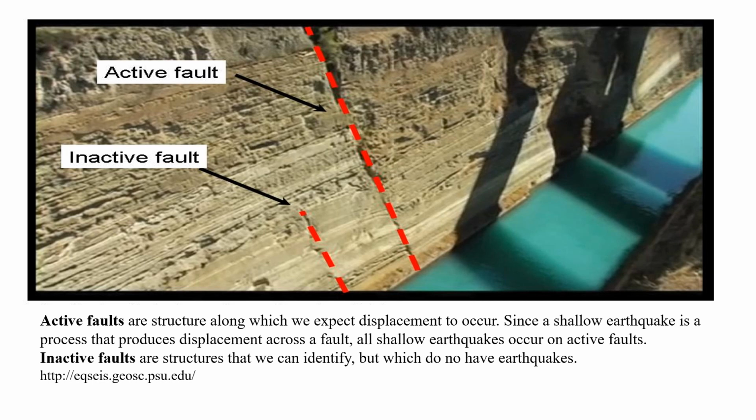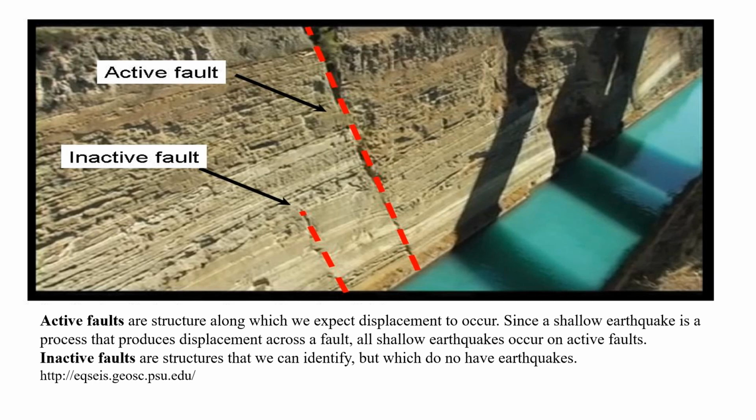Since a shallow earthquake is a process that produces displacement across a fault, all shallow earthquakes occur on active faults, while inactive faults are structures that can be identified but which do not have earthquake. So what is the meaning of this?